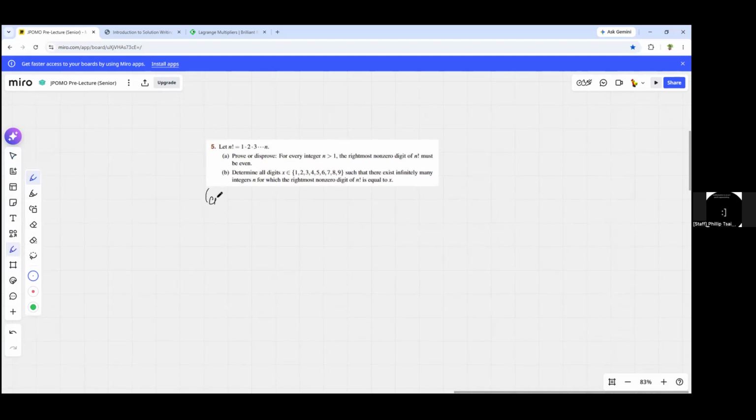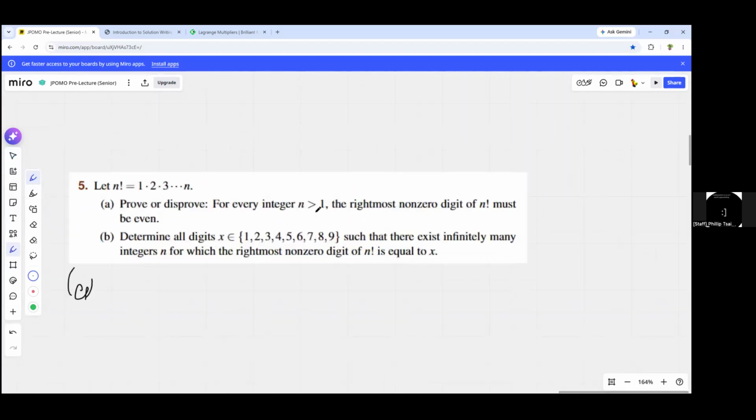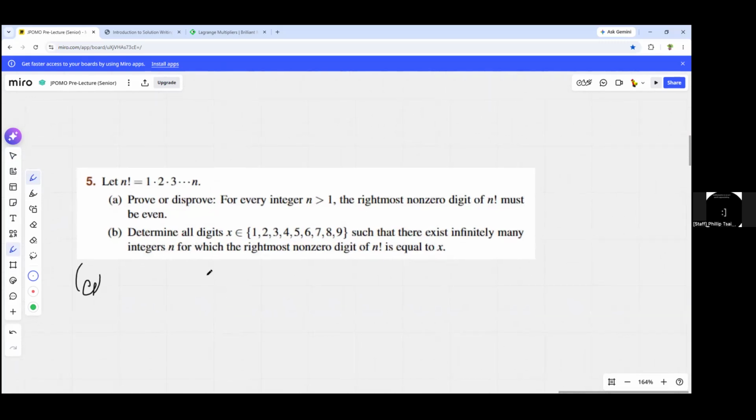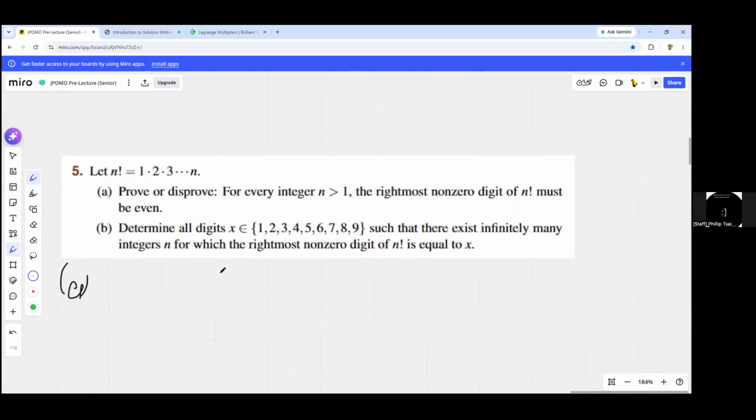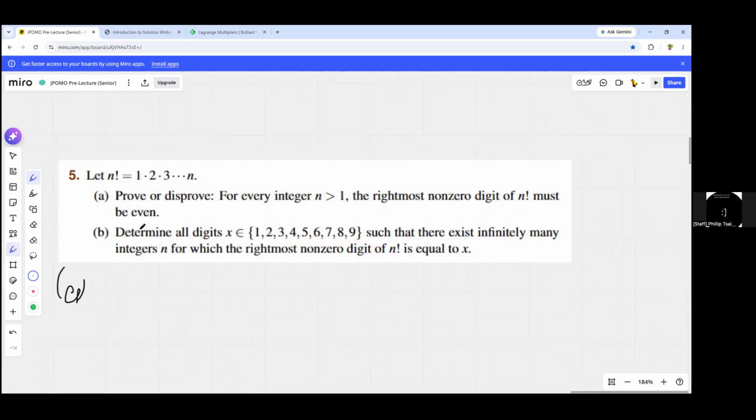Prove or disprove: for every integer n greater than one, the rightmost non-zero digit of n factorial must be even. Also, by the way, for the proof problems, if anyone has a solution to any of the problems here, feel free to type it in the chat box.